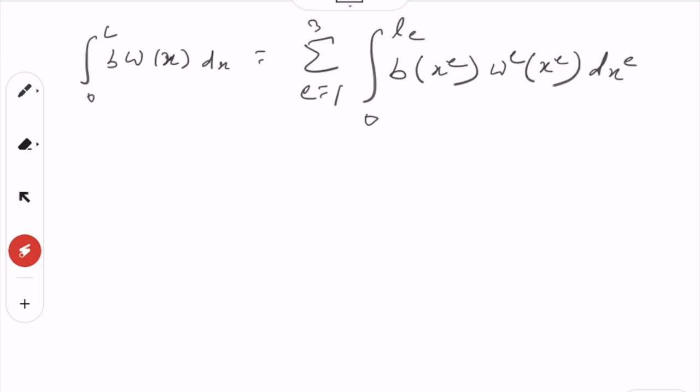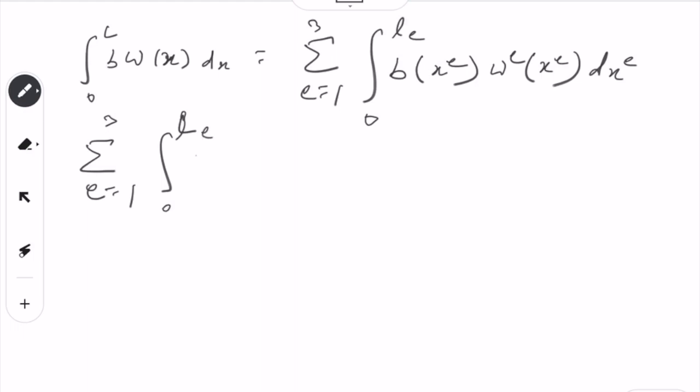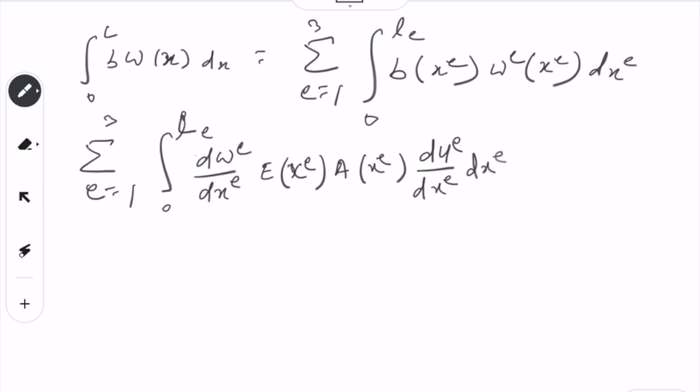So, basically the whole equation now becomes like this: summation e equal to 1, 2, 3, integral 0 to L e, of dw e over dx e, a of x e, du e over dx e, dx e, is equal to this one, right.